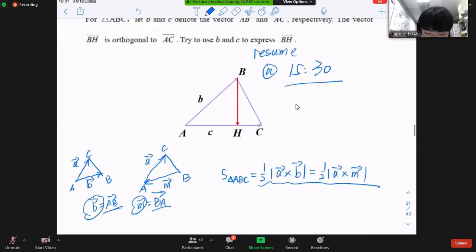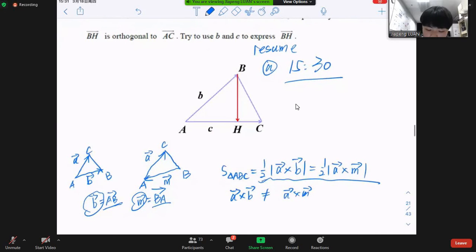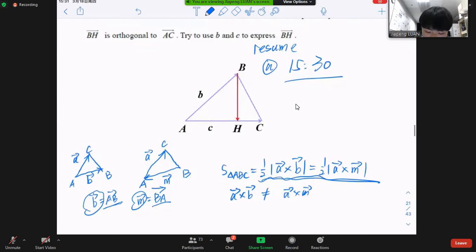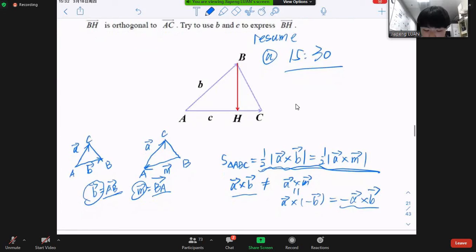But one thing you need to notice is that A cross B is not A cross M, right? But if you take the norm, they are equal, because M is minus B, which gives minus A cross B. So you can see they are not equal, but their norms are equal.